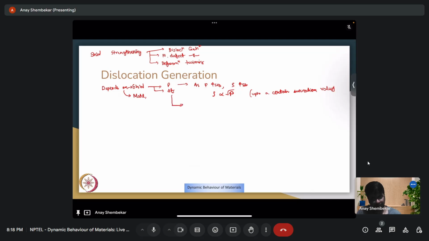Then, as delta T increases, there is more time for dislocation reorganization, which means cell walls are more defined.